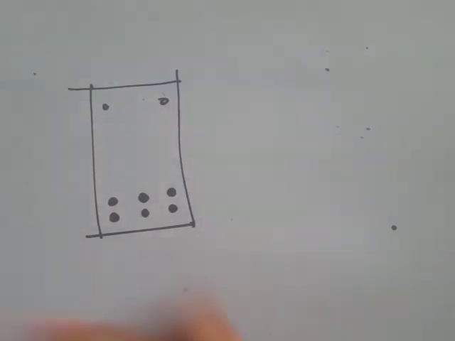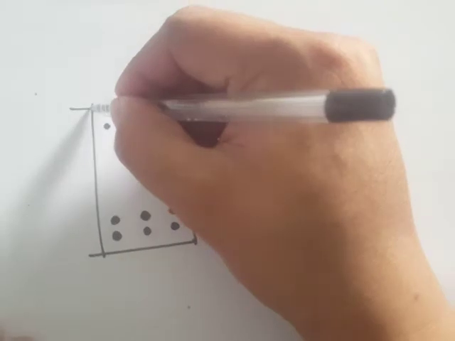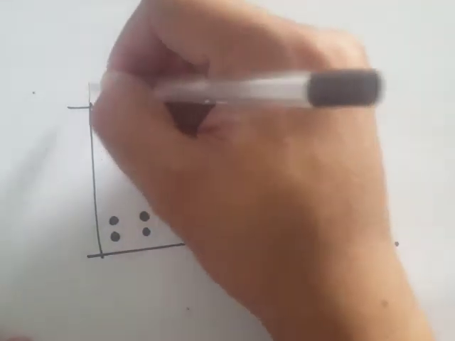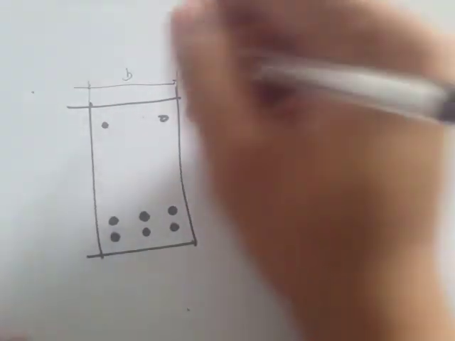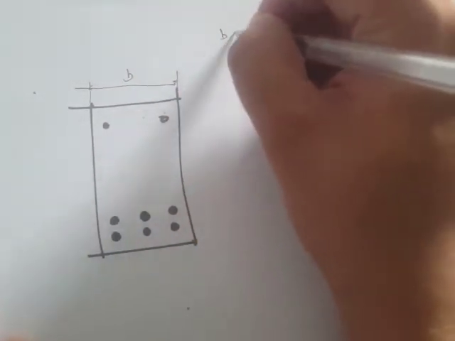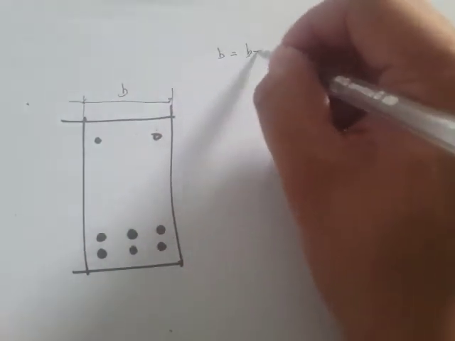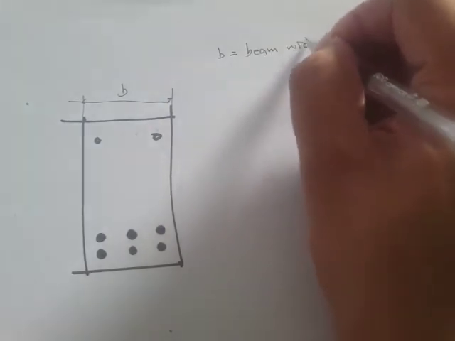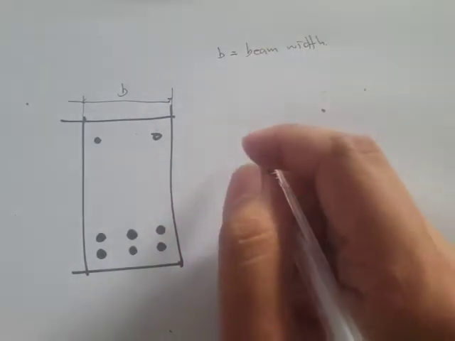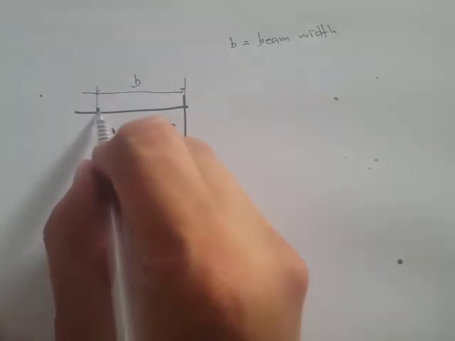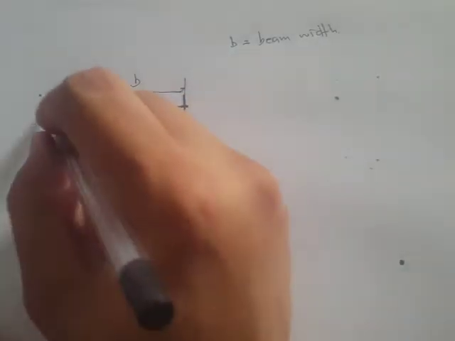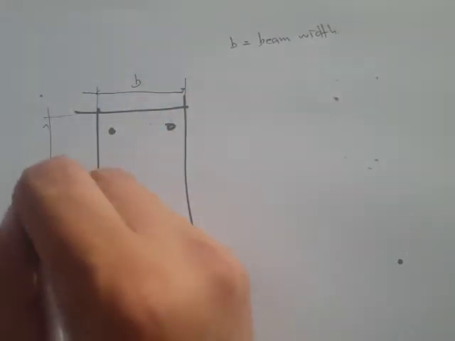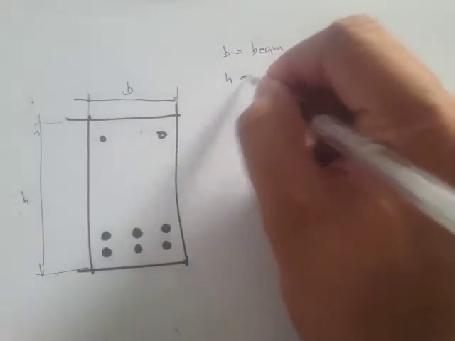Now the distance from this edge to this edge, that's what we call the beam width. Let's just write it here, beam width.